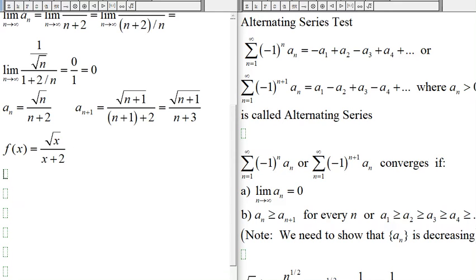And so let's take the derivative here. So we have f prime of x, and this is the quotient. And so to get the derivative of this one, we can go ahead and rewrite this as x to the 1/2, and then the derivative, the quotient, would be the bottom, x plus 2, times the derivative of the top.